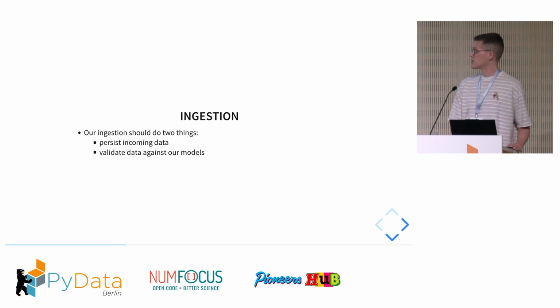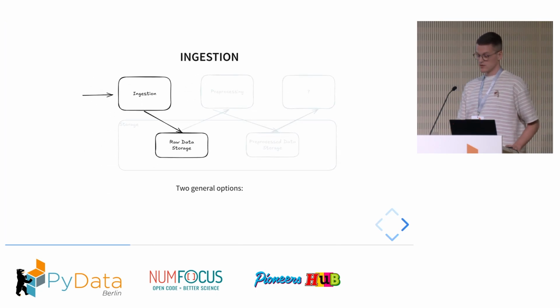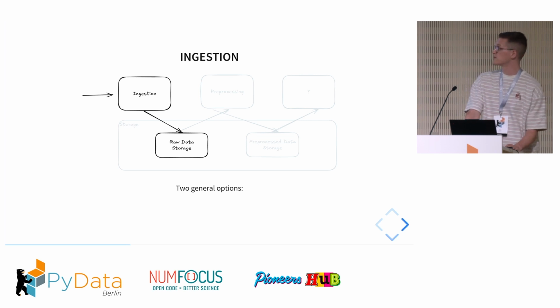So the ingestion basically should do two things. It should persist incoming data to the storage unit that we're having, and also validate the data against our model, so we can be sure that there's only good data coming into our system. These are the two steps, and we have two general options to do this.